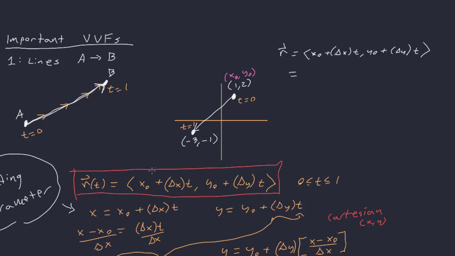We can choose what point we want to be the starting point or the ending point. In this case, we can't because we're told we're moving from one point to the other. Okay, so our x naught here is 1, and our y naught here is 2.